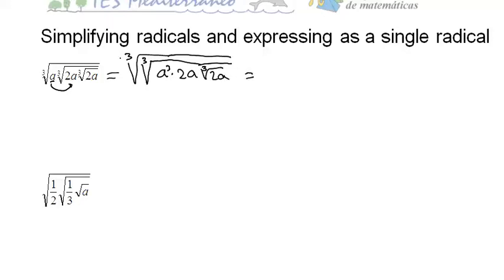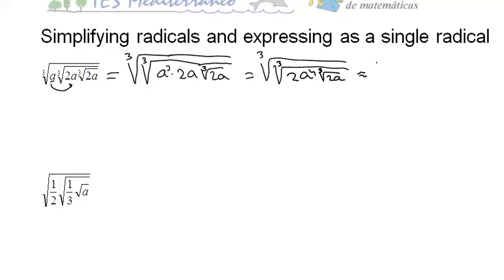Now these two, we know that this 9, but anyway, let me do it a little bit better. Okay, so this is a cube root, and this is 2a to the 4th, cube root of 2a.